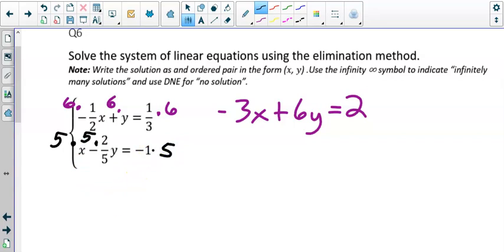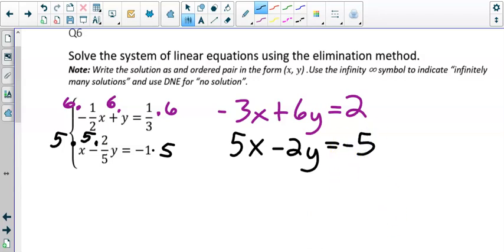Everyone's getting multiplied by 5. So what's 5 times x? 5 times x. Yay! What is 5 times -2/5? You got it. Negative 2y equals, and what's 5 times negative 1?